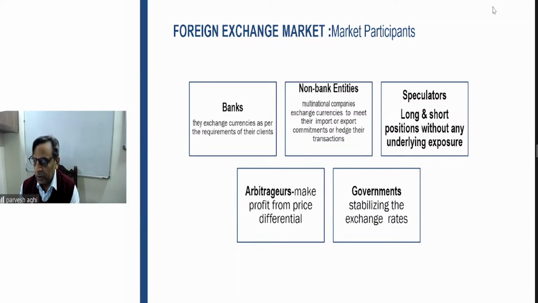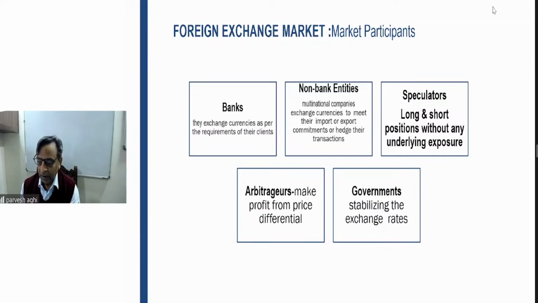If they think the dollar is going to appreciate in the next 1 month, they take a long position. And if they think the dollar is going to depreciate, they take a short position. For any currency, they can do that. And they make money without having any position whatsoever. Neither are they exporters nor importers, but they speculate.